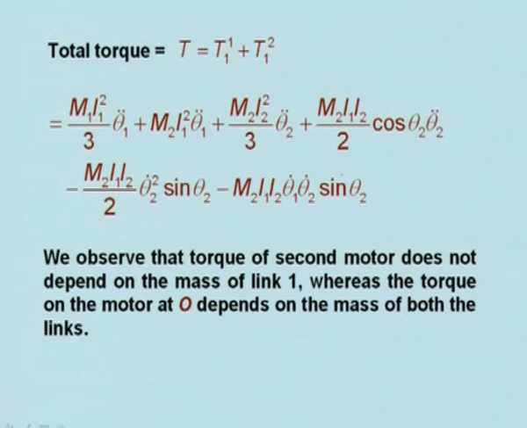Now for any given configuration, solving this type of equation, you may have to use a numerical method. One can be the direct problem, in which somebody gives you theta 1 as a function of time and theta 2 as a function of time, then it is easy.